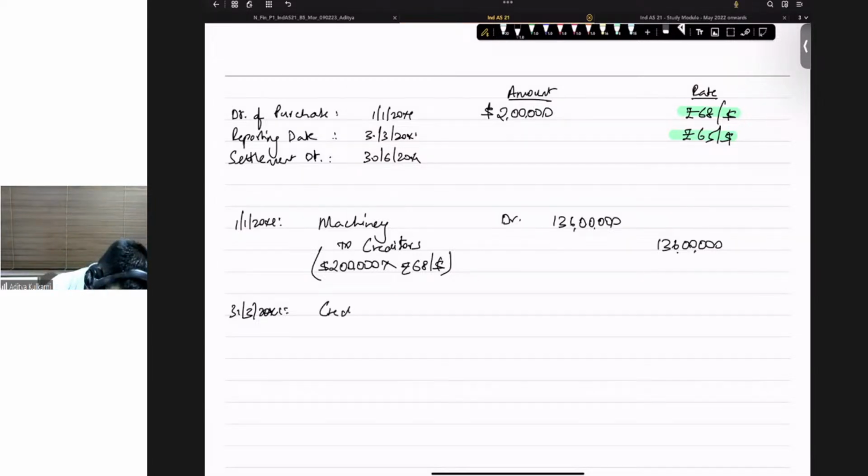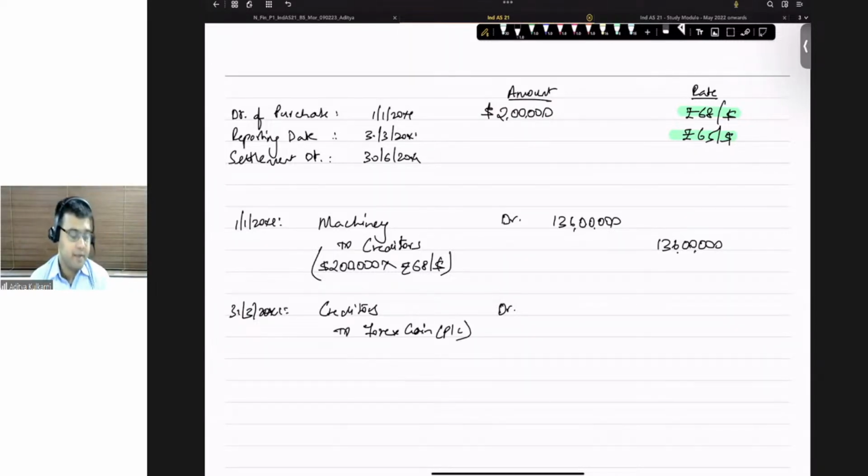So creditors account debit to forex gain, P&L. Okay. So now how do we record this? You had your liability at rupees 68 per dollar. The fresh rate is 65 per dollar.